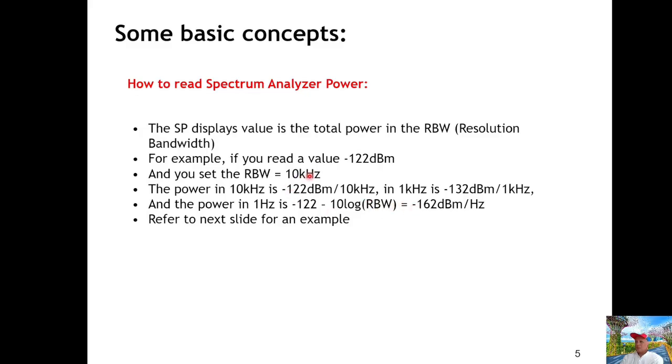Because it's 10 kilohertz, which has 4 zeros, you need to subtract 40 dB, so you get minus 162 dBm per hertz.